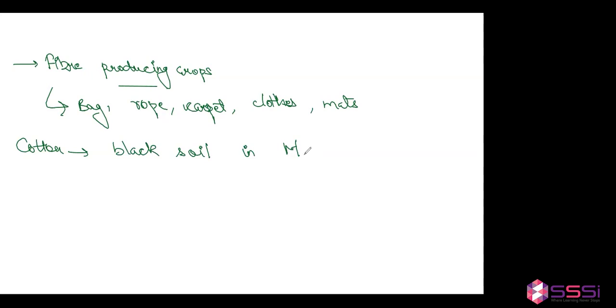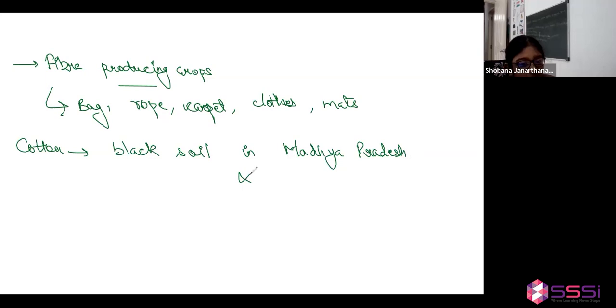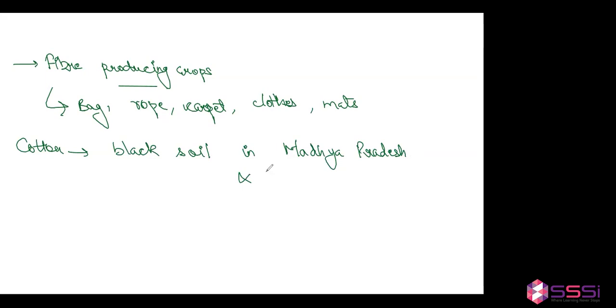There are two states, Madhya Pradesh and Maharashtra. These are the largest producers of cotton.